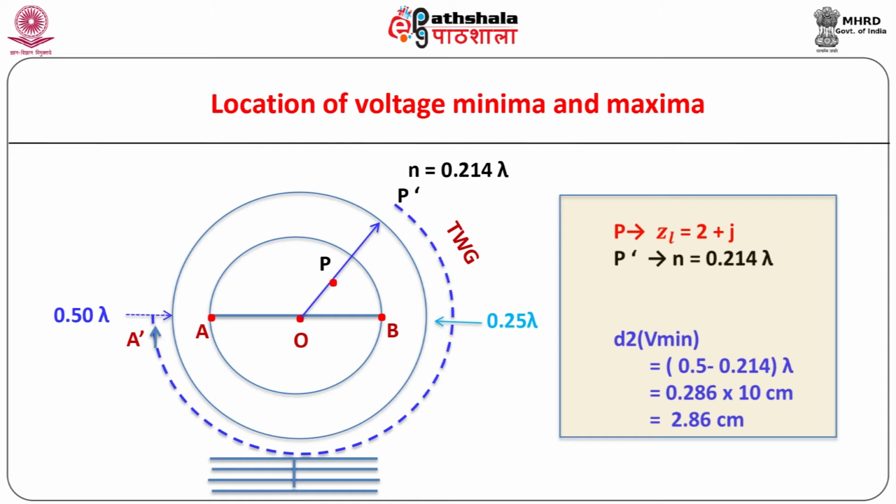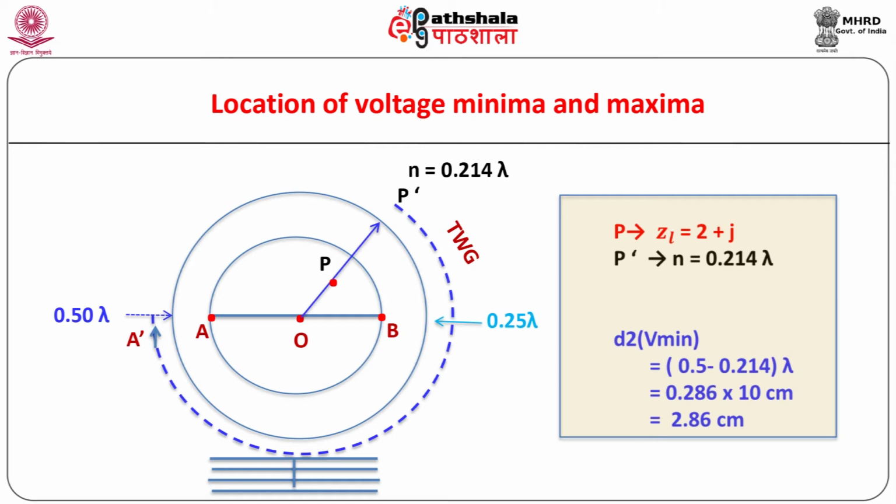Step number 6. For finding the distance d2, move along the distance scale towards the generator, that is in the clockwise sense, and first stop at point A, reading 0.5 lambda corresponding to Vmin. Note the distance traversed from P dash to A in the clockwise direction.